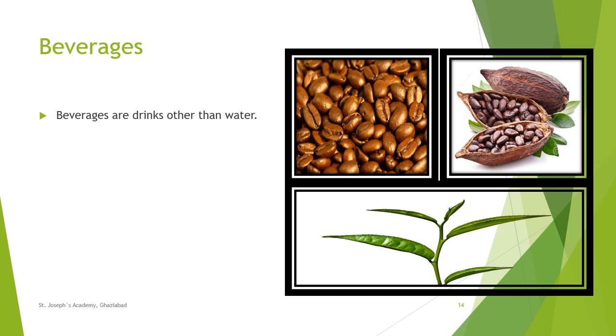Beverages are the drinks other than water. Example, coffee, tea and cocoa. All these are the drinks in the liquid form which we use, other than water, and we get from the plants.